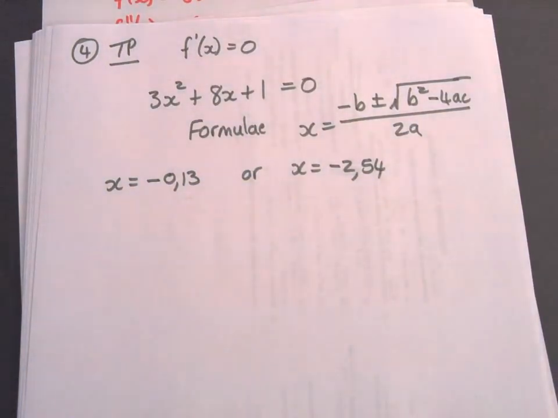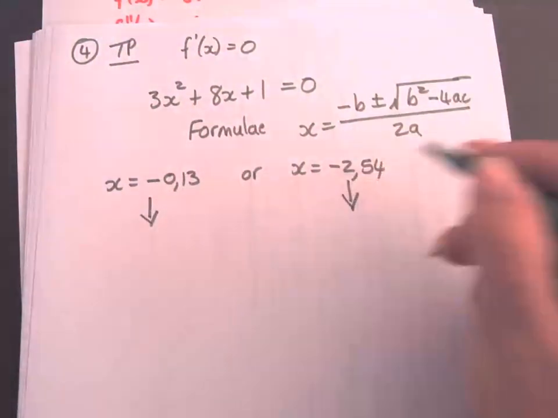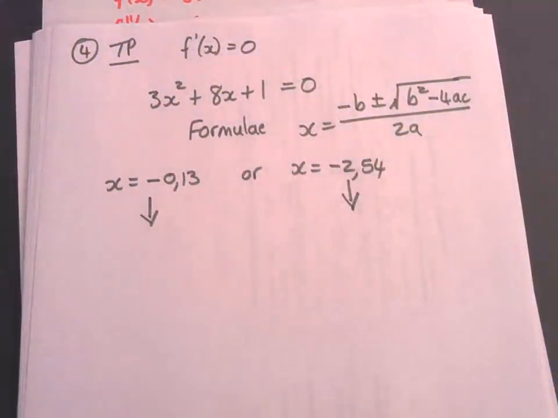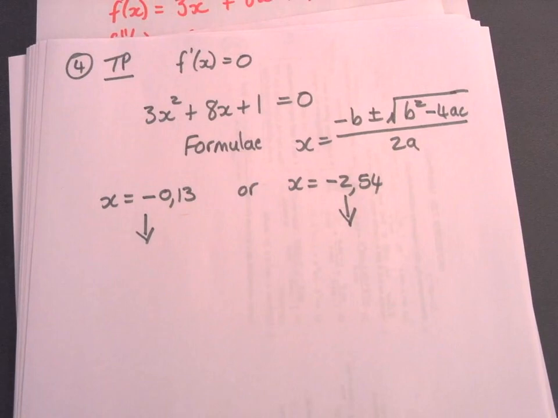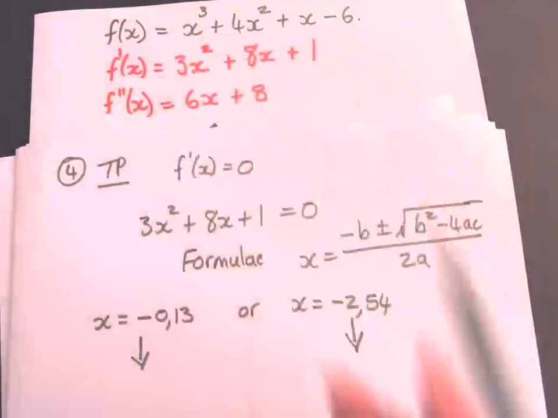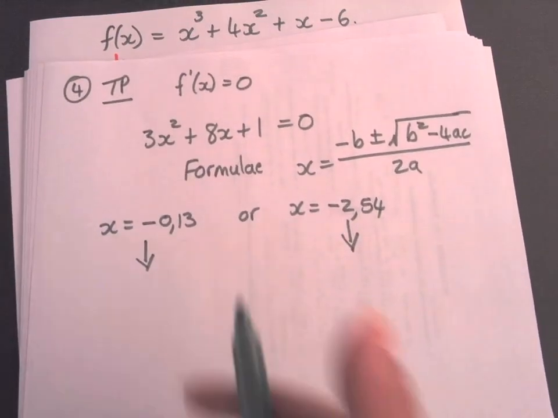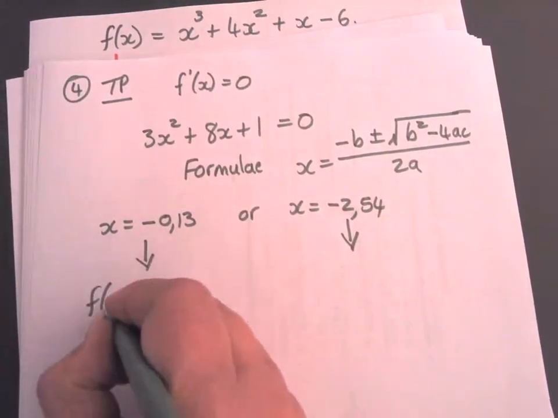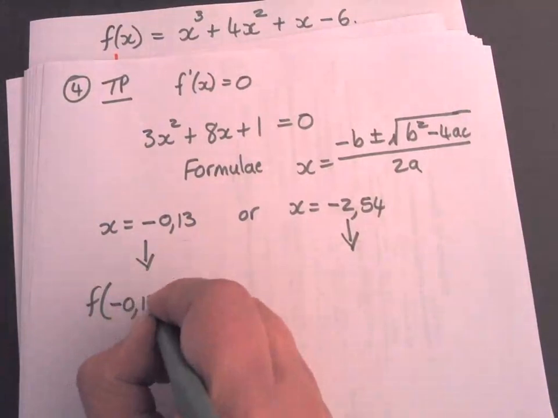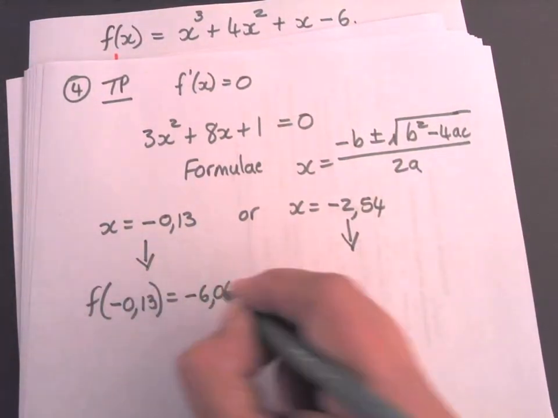But I want a coordinate. So I need to get the y value. How do I get the y value? Substitute the x into what? I've got 3 equations. The first one, always substitute into the original one. So I substitute negative 0,13 into f, and then you get negative 6,06.